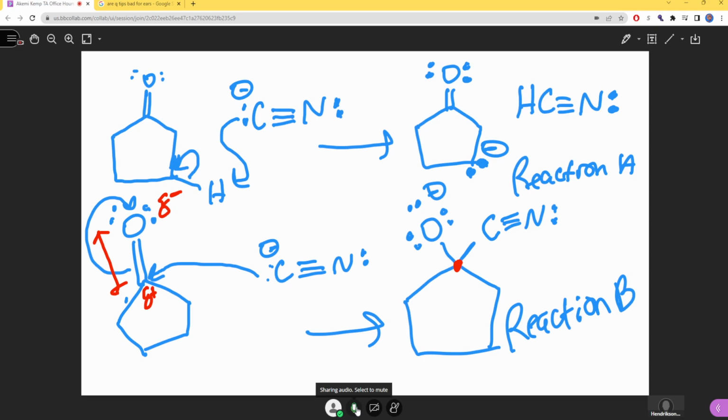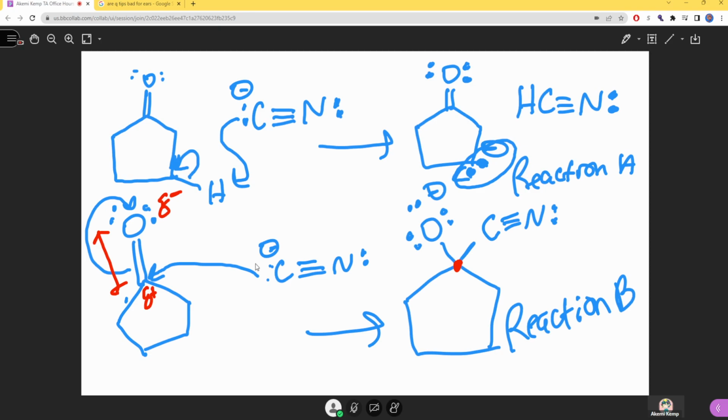Exactly. Look, after we snatched that proton off and cyanide took it away, we've created a carbon with negative charge, right? This one with a negative charge is very unstable because that negative charge is on a least electronegative atom.